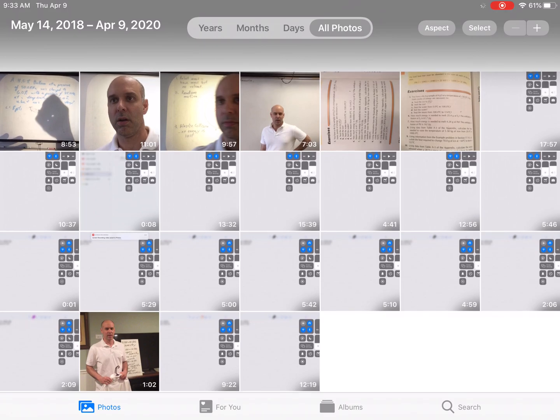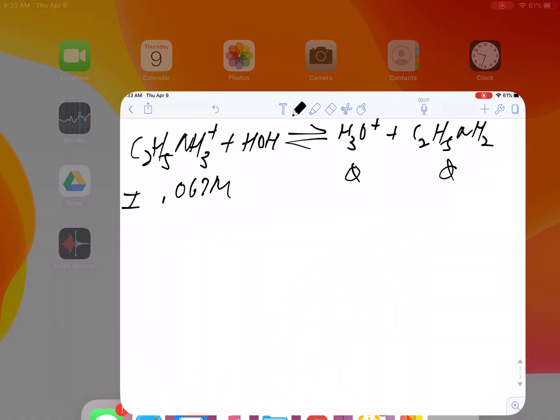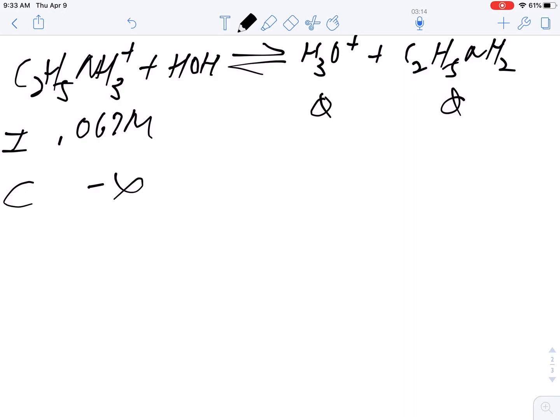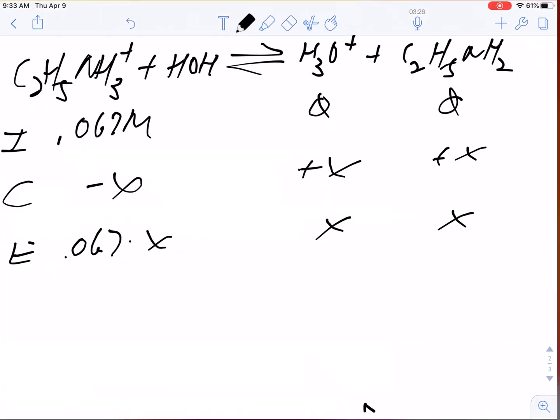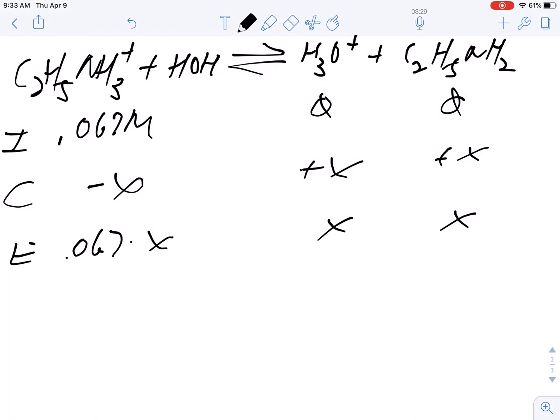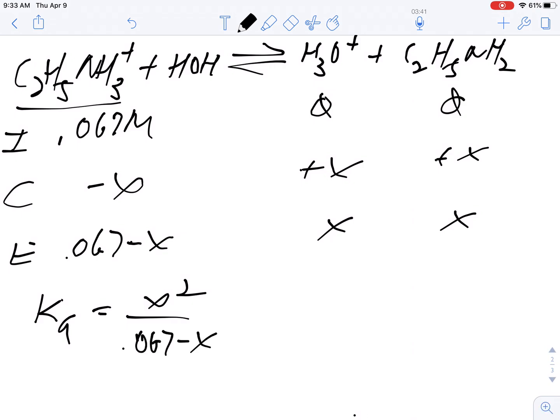Shift right. We have to do our Ka, right? This is a weak acid. So I'm going to get x squared over 0.067 minus x. This x is going to be too small.